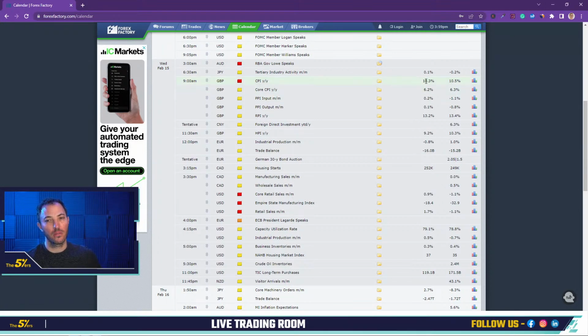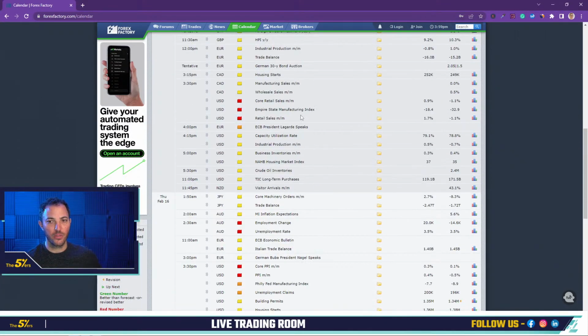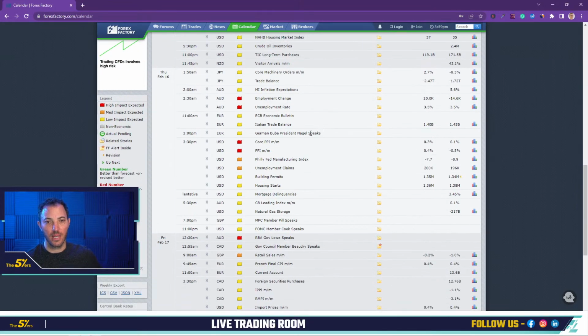The UK doesn't tend to have these larger CPI figures, so I think there will be some efforts to decrease it, which means increasing interest rates. So we might see more demand for the currency. Core retail sales, volatility but not much more than that.